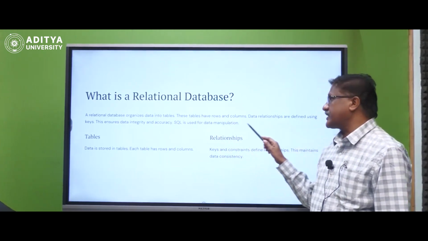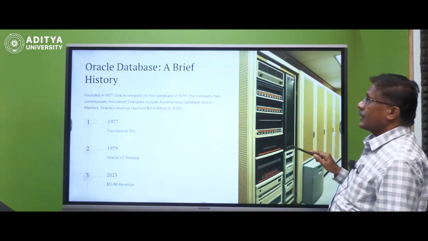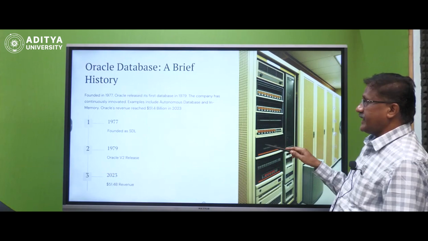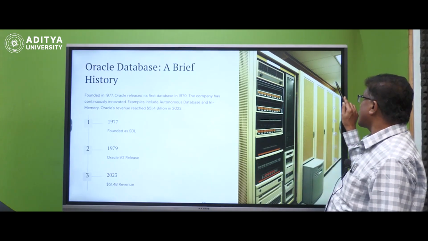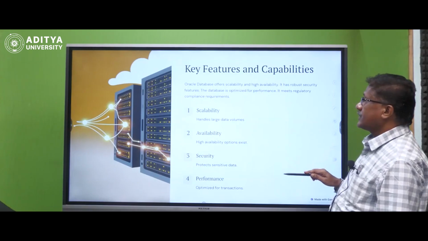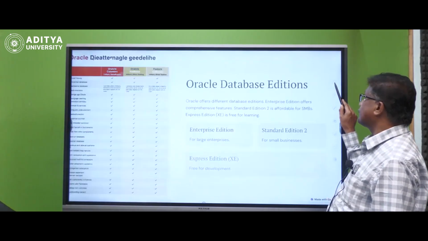SQL, Structured Query Language, is used for data manipulation. Oracle database history goes from 1997 up to 2023, and now the Oracle 23 version is current. These are the various features: scalability, availability, security, and performance.